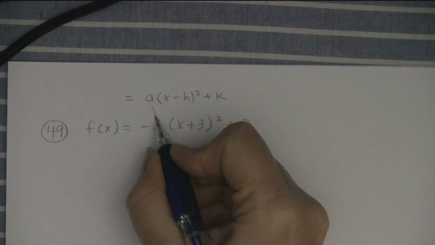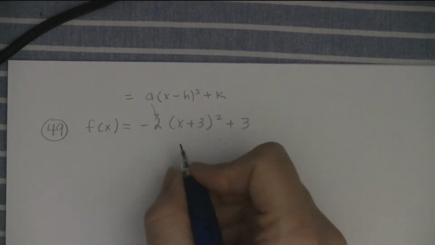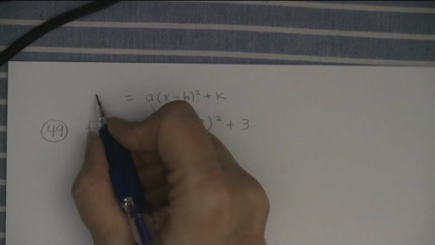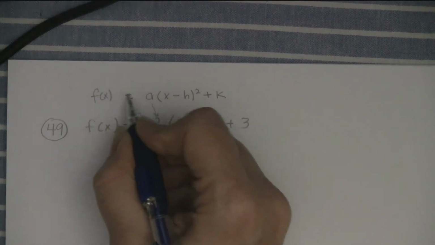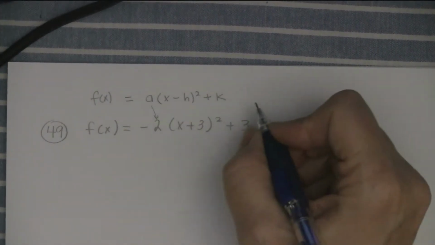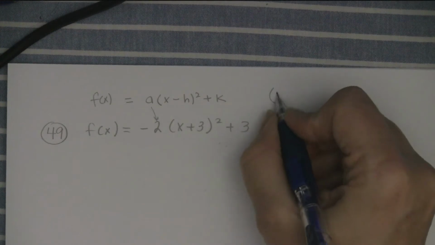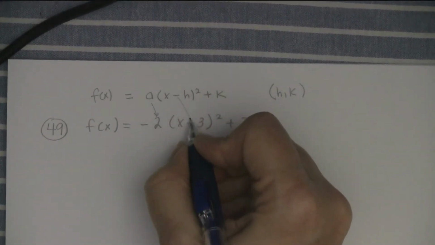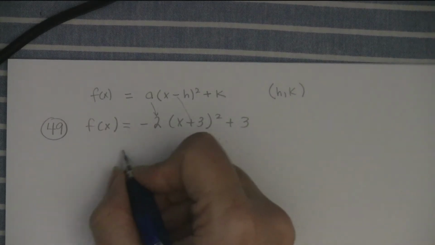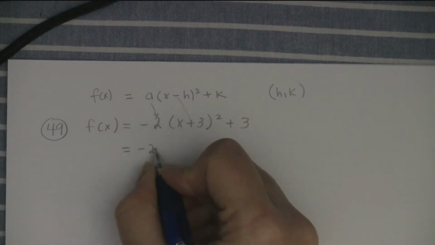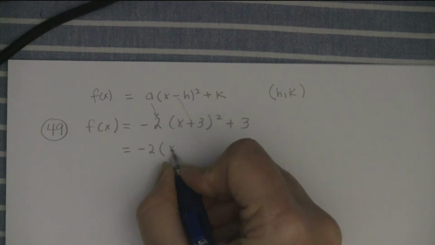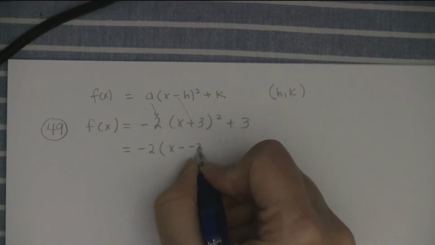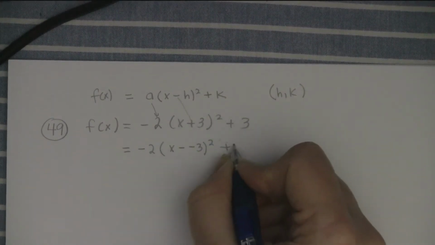The a is -2, and then the vertex. You could say y equals, or f of x equals, and then the vertex is given by h comma k. So the difference is that this is a plus. So I can rewrite this -2, that's fine, and I can write this as x minus -3 quantity squared plus 3.